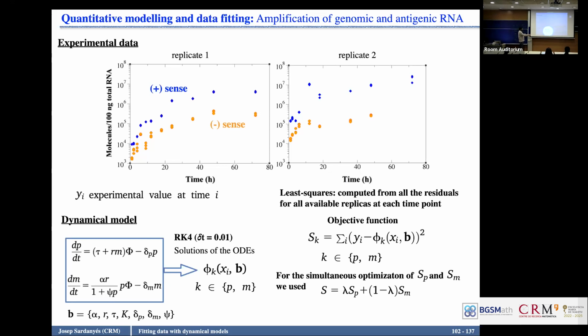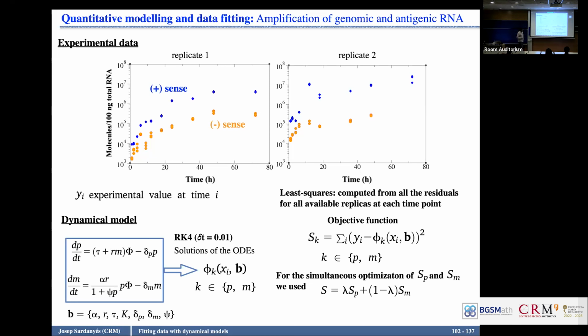But here you can use the L2 norm, or you can use other norms. Of course, here I do not have a single time series, and I do not have a point for every time series. I have different points, and I have two variables. So what I want to do is make a simultaneous optimization of S_P and S_M.